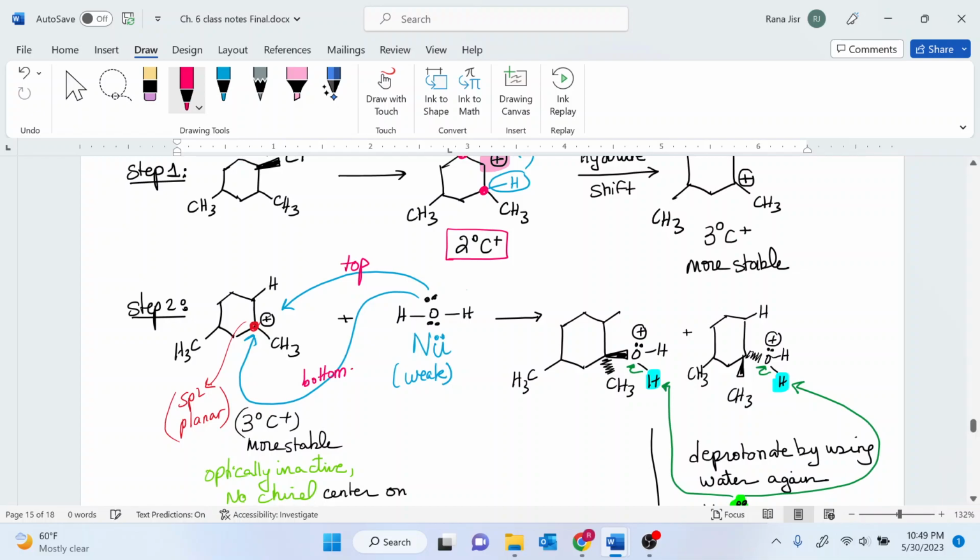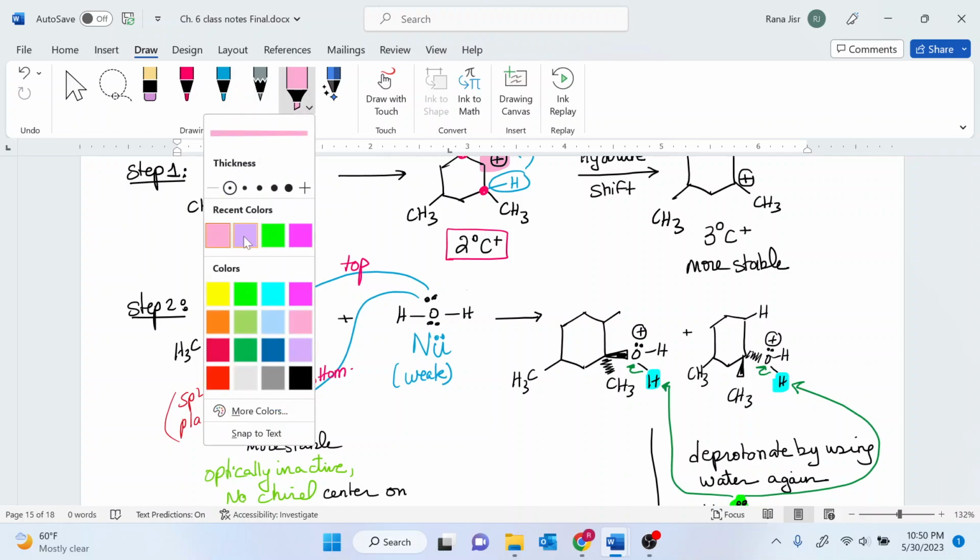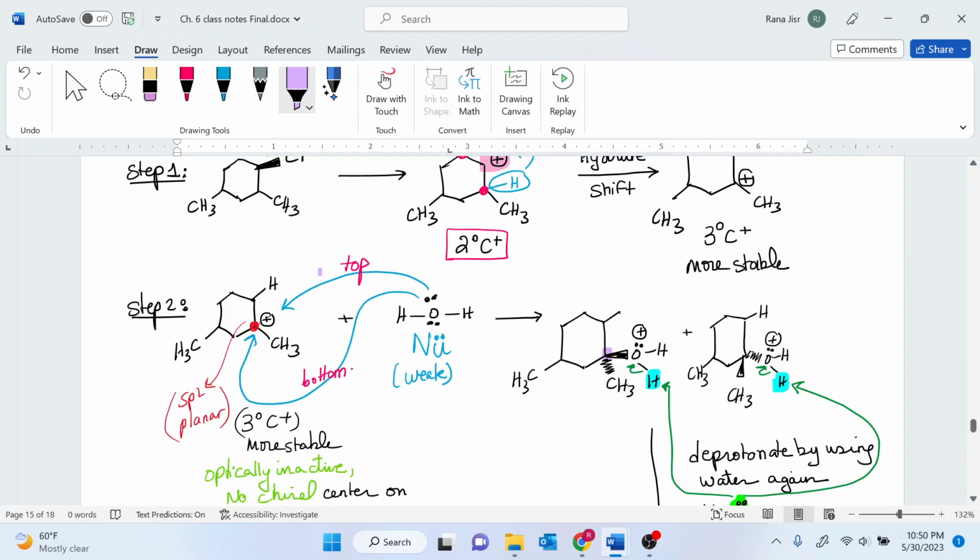To show that the nucleophile is attacking from the top, simply use the wedge line. So here water is attacking from the top. And notice what I am doing here. I am making a bond between the oxygen and the carbon. I am adding the whole nucleophile, with its oxygen and the two hydrogens.